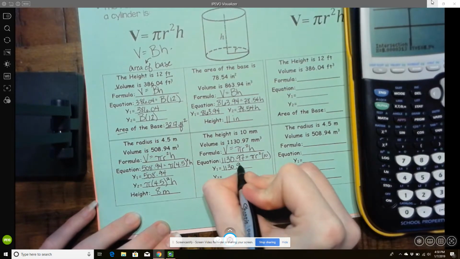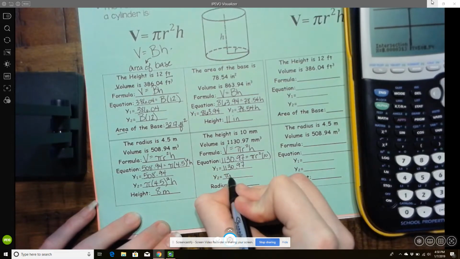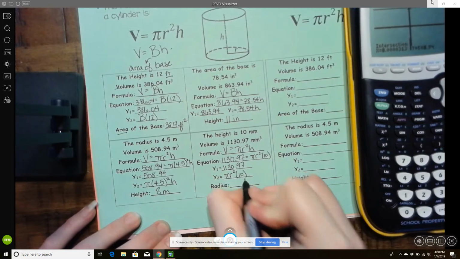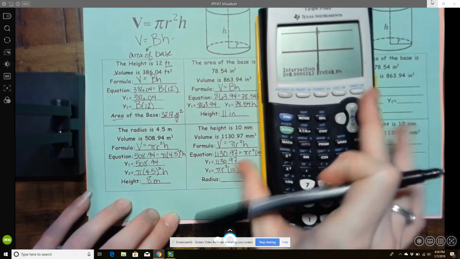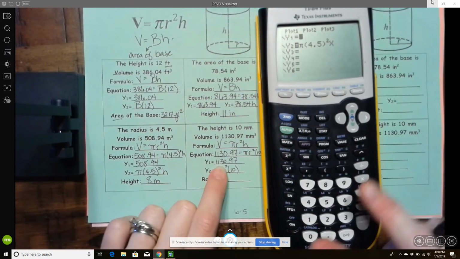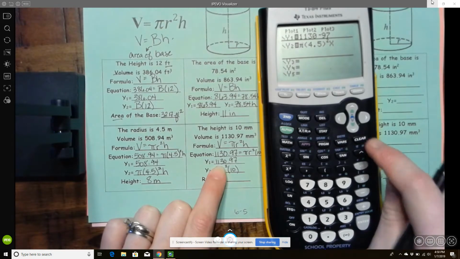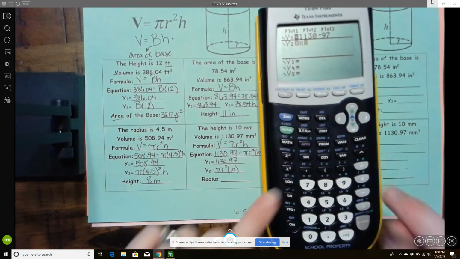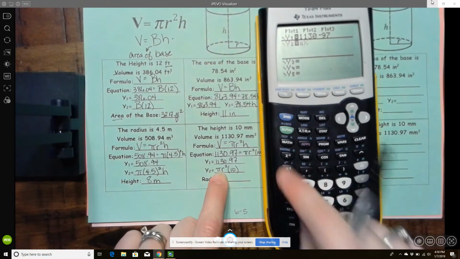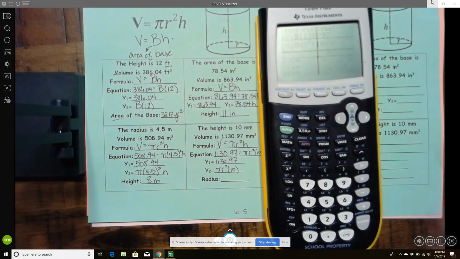So y1 is going to be the volume they give me. Y2 is going to be pi r squared times 10. All right, so pi, so instead of r, I'm going to put an x squared and then times the 10.